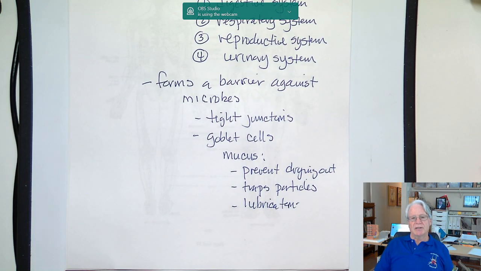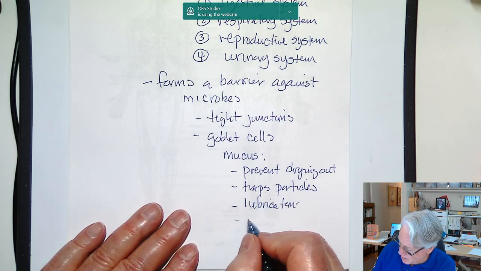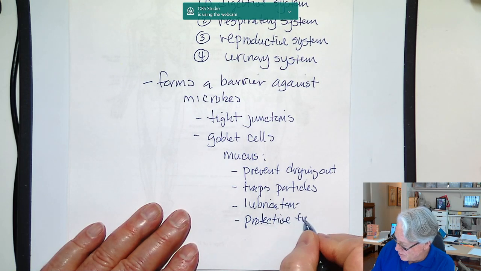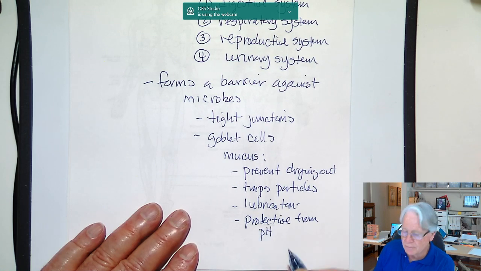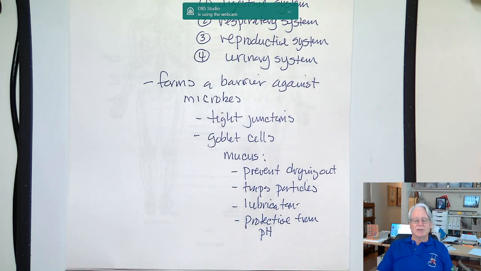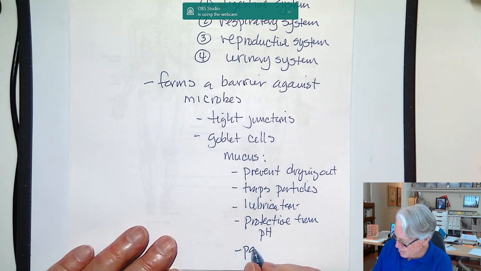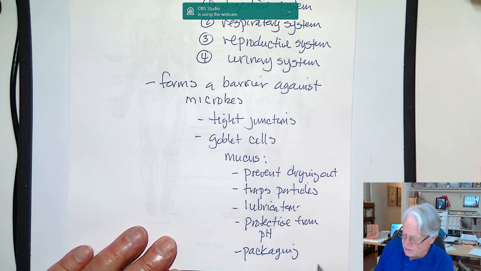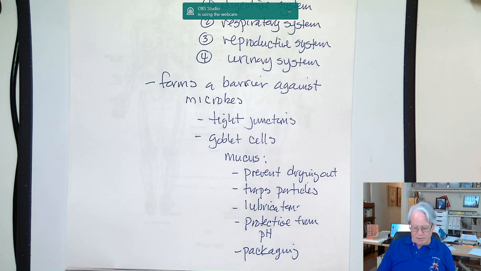Mucus is interesting in another way because it also is used to hold your feces together. So mucus is found throughout the digestive tract, and it's also going to be protective from pH, acidic conditions. And it's also packaging. Let's put it that way. So packaging of waste. Okay.